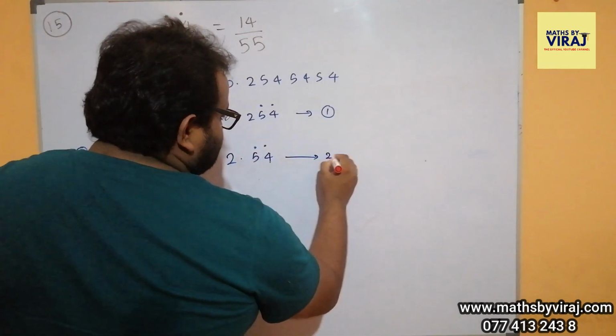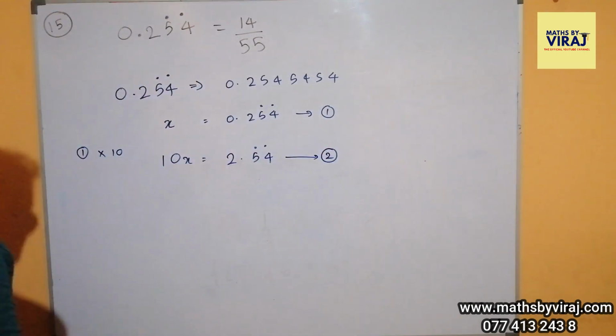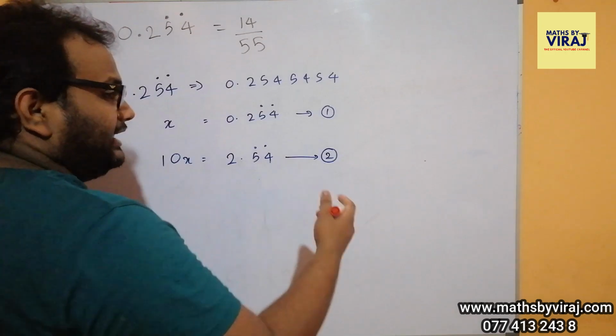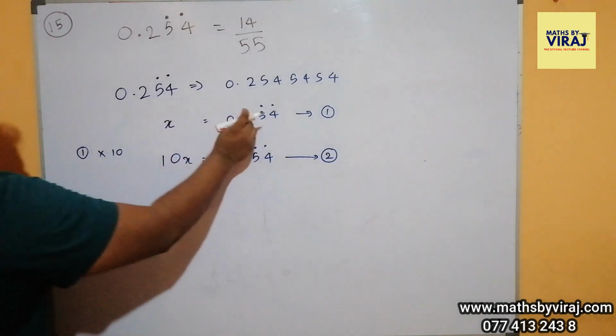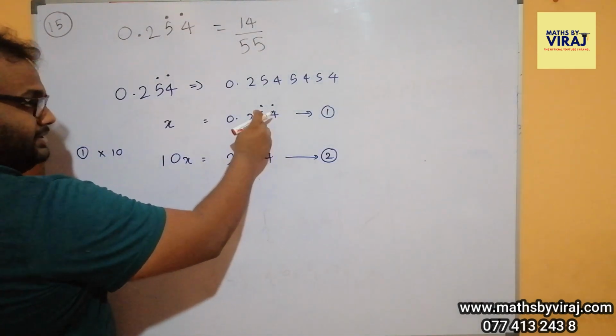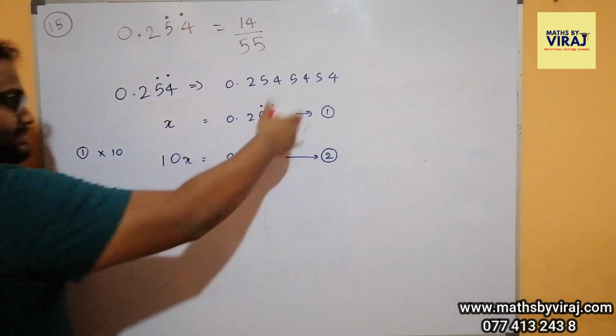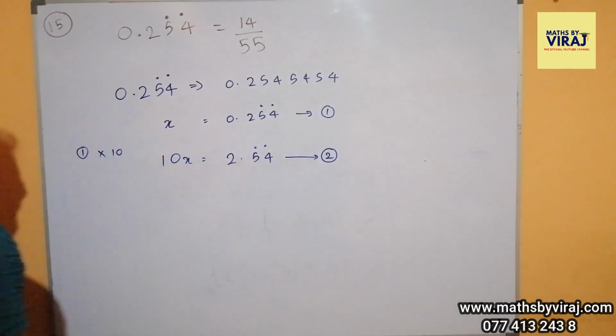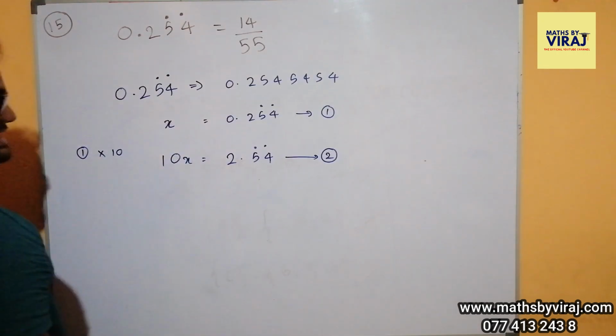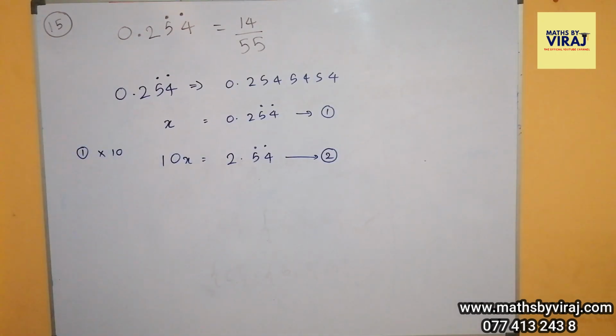Let this be my equation number 2. Now children, my objective is to get rid of the recurring numbers. To get rid of the number just before the recurring numbers start, which is 2, I multiply the whole equation 1 by 10, and I get 10x is 2.54 recurring.